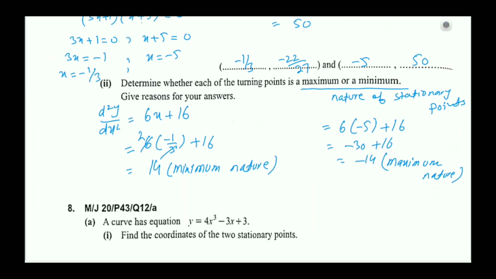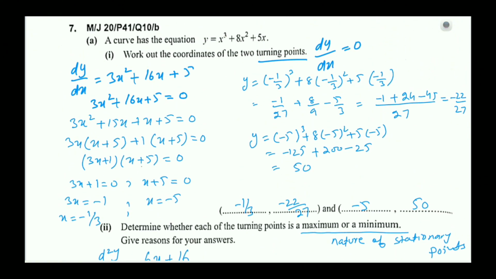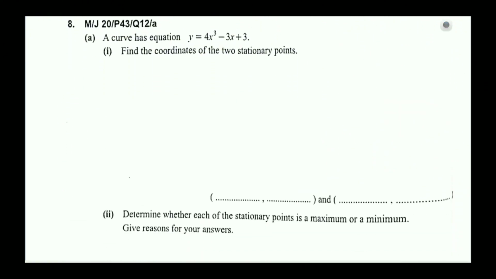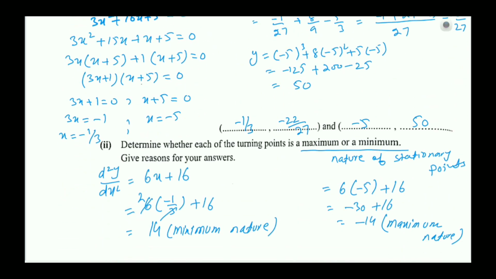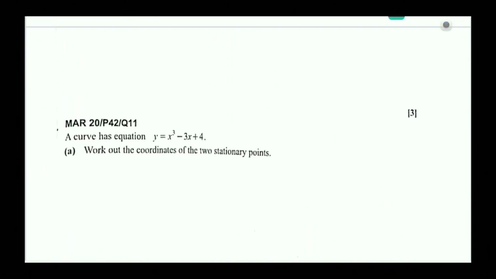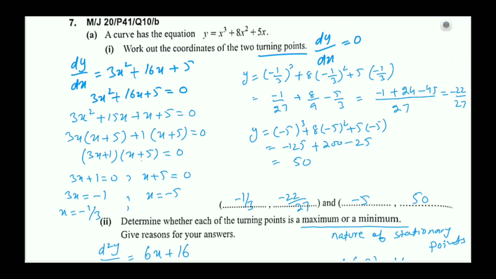So the remaining questions are the same. You can see that question number 8 is exactly like question number 7, and also question number 9 is exactly like question number 7.